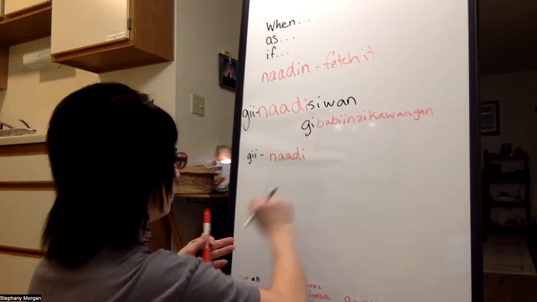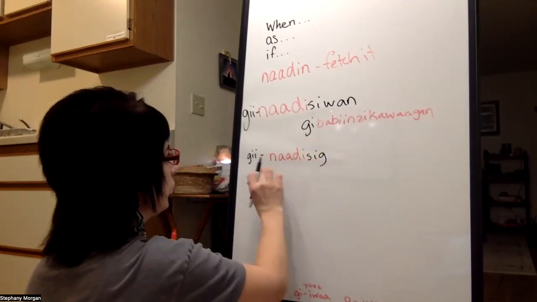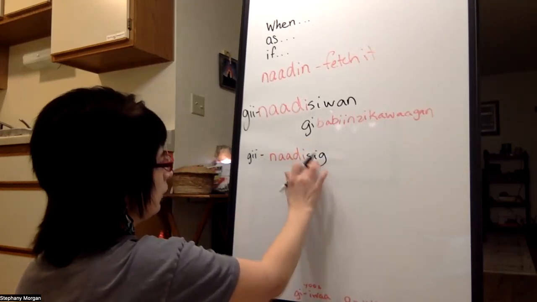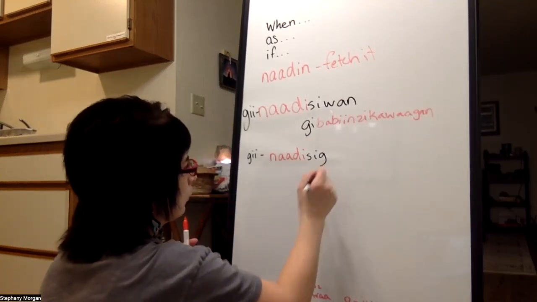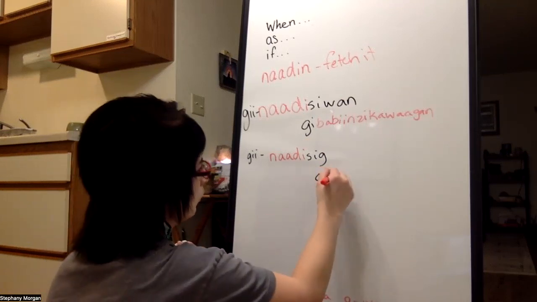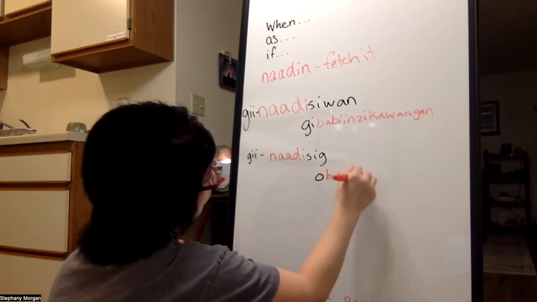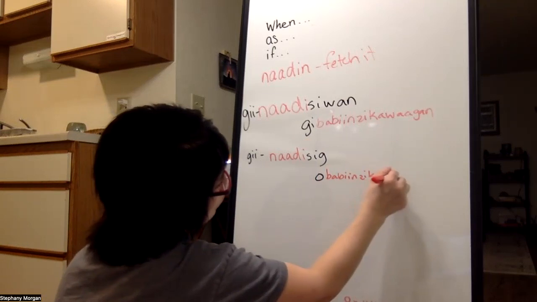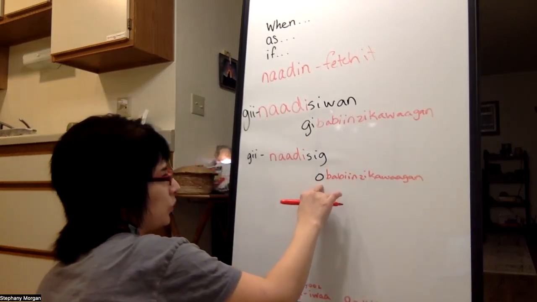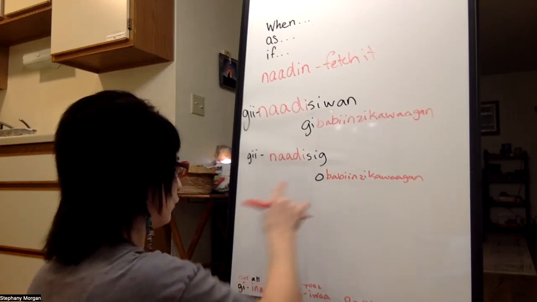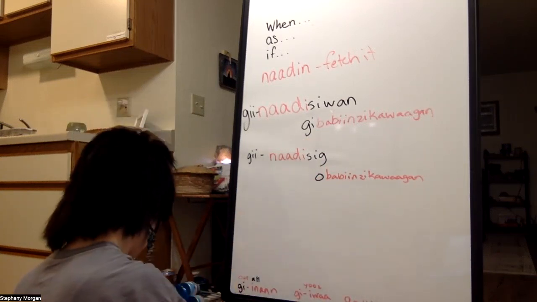Nådde sig, when he did not fetch it. Oh, begynnsepågen. The O is the possessive for wean, his coat or her coat, singular.